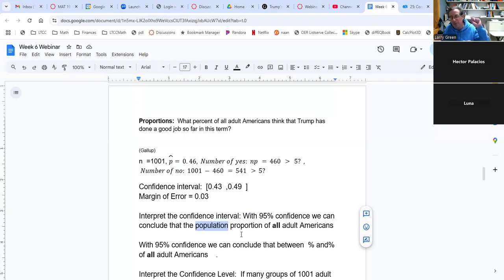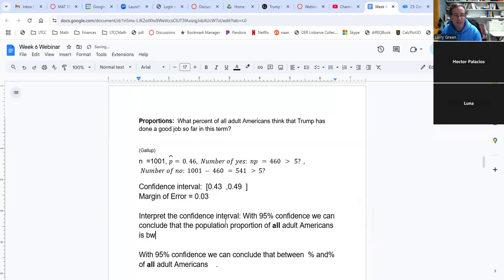You're confident about the population. That's true also for means, population mean, if it was a quantitative question. So the population proportion of all adult Americans is between 0.43 and 0.49.